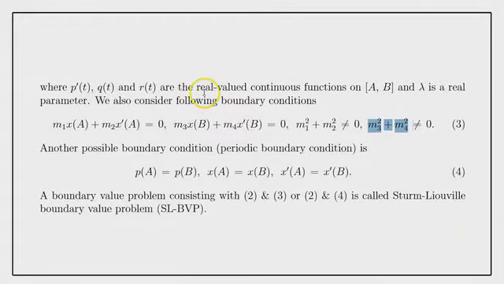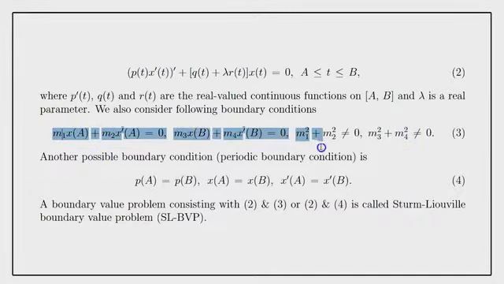So, this is the problem. This is the boundary condition. Here one boundary condition, that is the first one, does not involve b, the second one does not involve a. So, therefore, again we can say these are linear separated homogeneous boundary conditions.